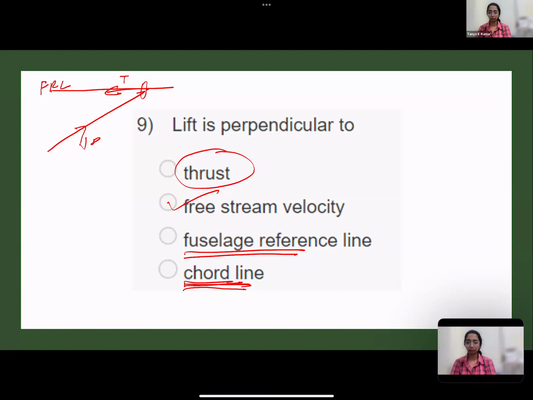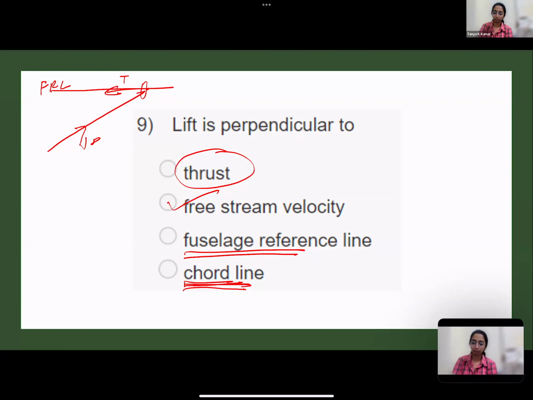Something else that we measure with respect to chord line. How do you define angle of attack?